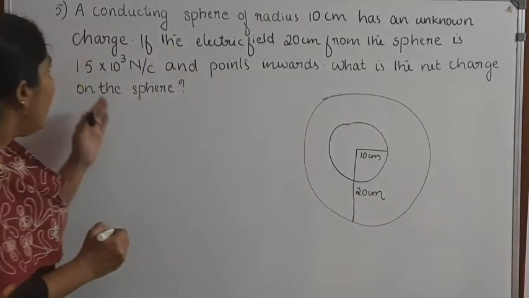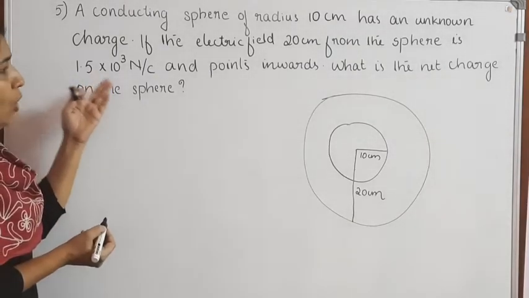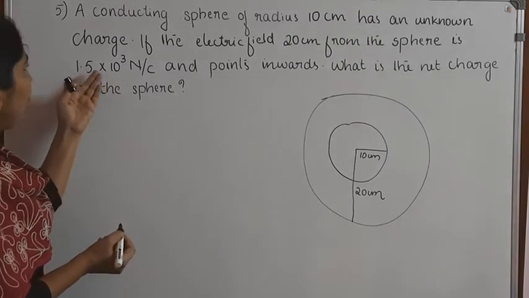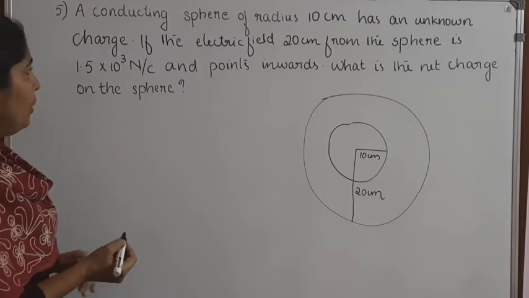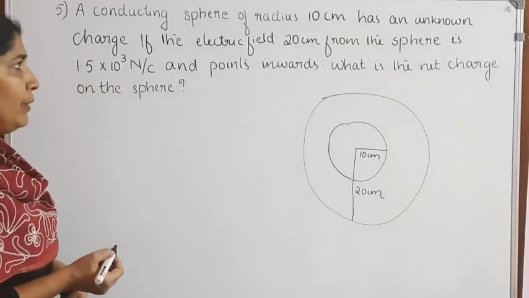The electric field at any point on the Gaussian surface is 1.5 into 10 raised to 3 Newton per Coulomb. What is the net charge on the system?